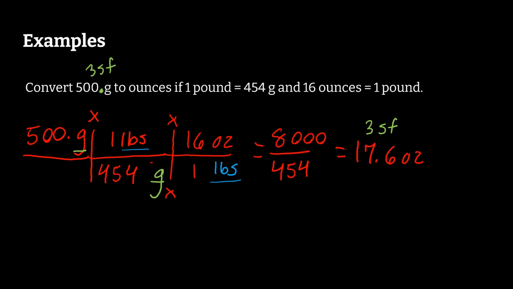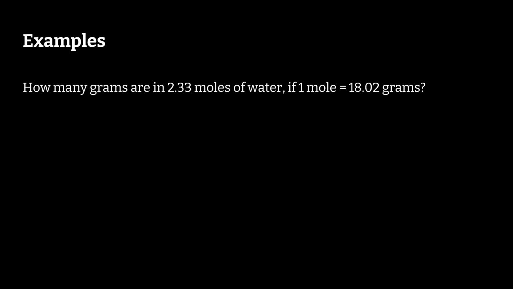Let's go ahead and take a look at the next example. It is asking how many grams are in 2.33 moles of water if 1 mole is equal to 18.02 grams. Starting off with the number that is provided is 2.33 moles of our H2O.